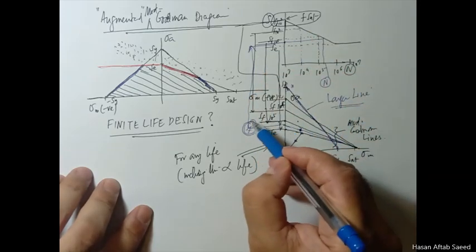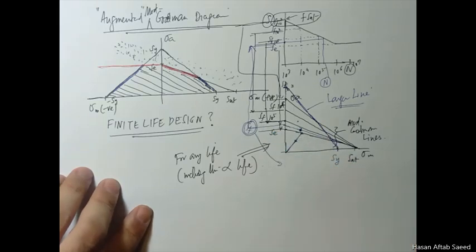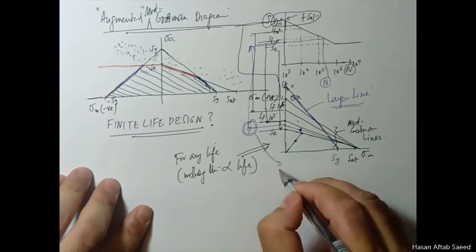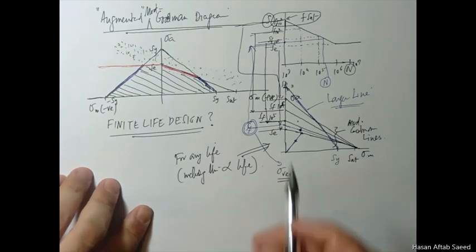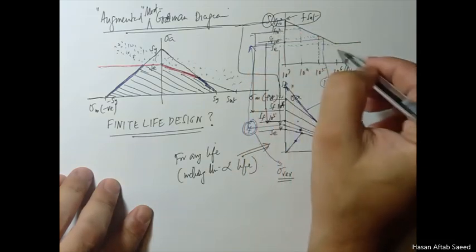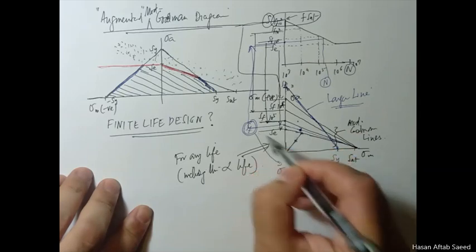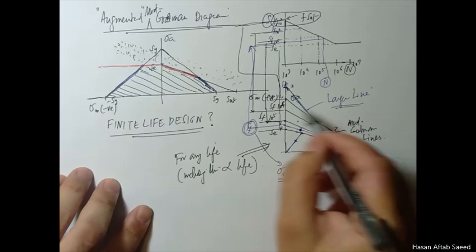And this SF that you read from this gives you the sigma reversed, because ultimately you are going to use this SN curve, which is based on completely reversed stress. This system is not a completely reversed system. You have sigma m and sigma a, so it's a fluctuating system.